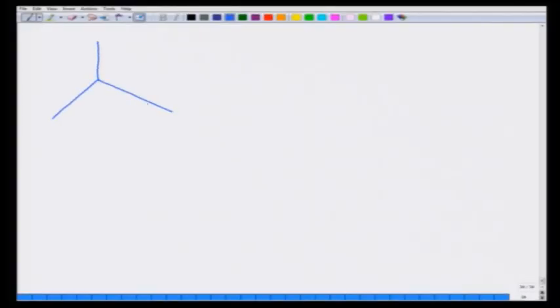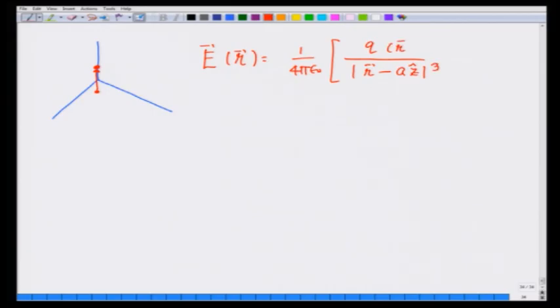So, let us calculate the field due to this point dipole. I am going to make it again. This is my point dipole, plus q sitting here, minus q sitting here. So, the field at some vector r is going to be 1 over 4 pi epsilon 0 q, the positive charge gives me the field q (r minus a z) over the modulus of r minus a z cubed.